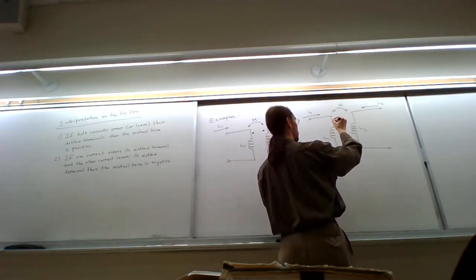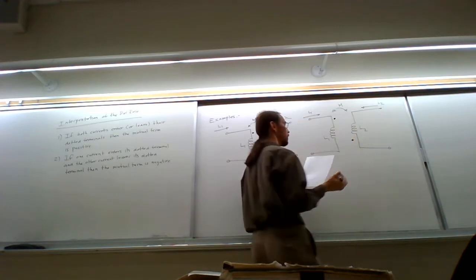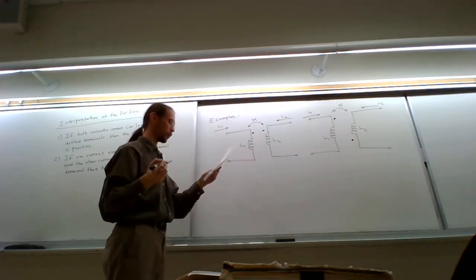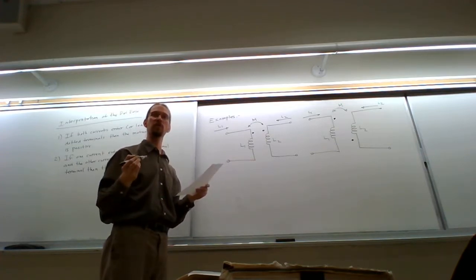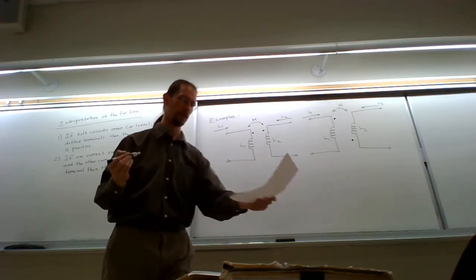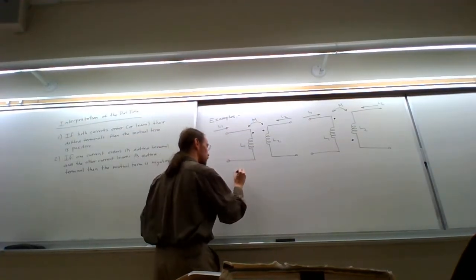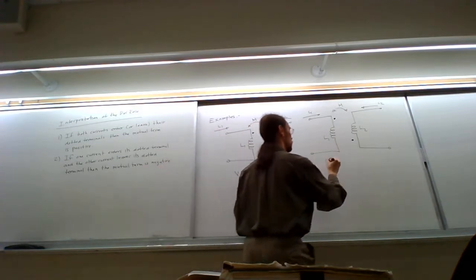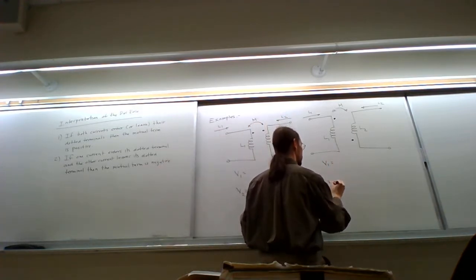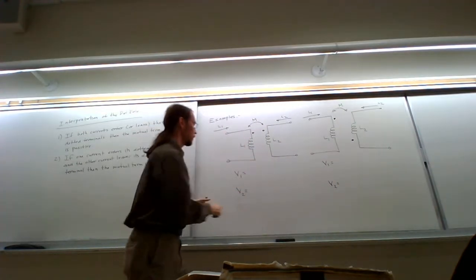While in this example, we actually have a dot on the top and we have a dot on the bottom. And we're interested in the voltages V1 and V2 across each one of the coils. So let's take a look at the voltage V1 over here, as well as V2. We're also going to have a voltage V1 over here, a voltage V2 over there.